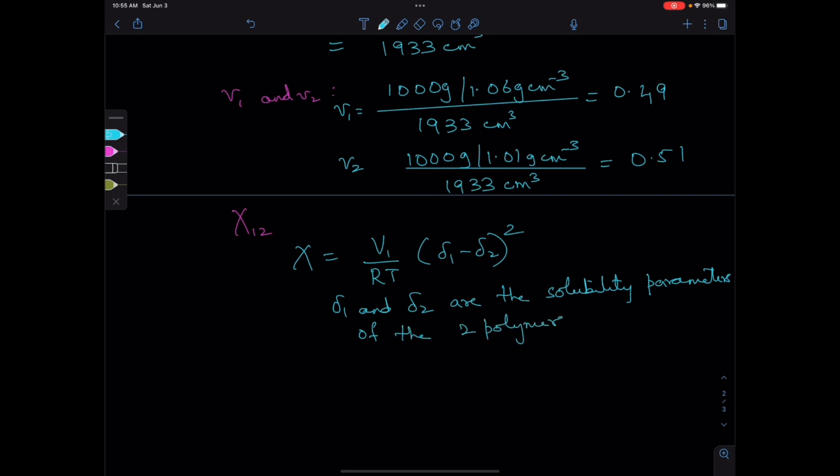And from table 3.2 we see that delta 1 is equal to 9.1 square root of calories per centimeter cube, and delta 2 is equal to 8.4 square root of calories per centimeter cube.